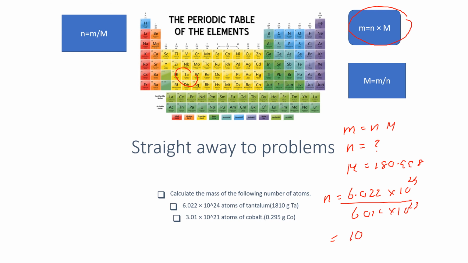So 10 moles. So now we know simple n is 10 mole. So we can do calculation like this. Simple m equals simple n capital M. Simple m equals 10 times 180.99 equals 1810 gram of tantalum. You clear out that one, okay?